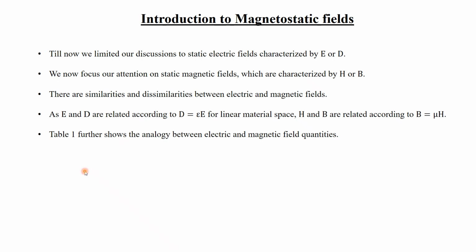In a solenoid we have seen that we wind a conductor on a particular core material, a ferromagnetic core. When we pass current I, and suppose the number of windings on the core is N, the mmf, the magnetomotive force, will be N into I.